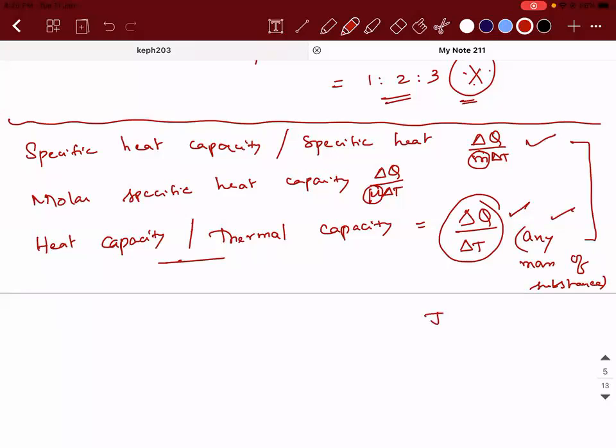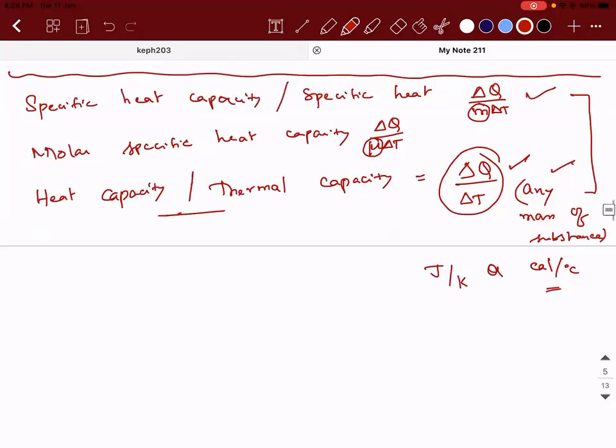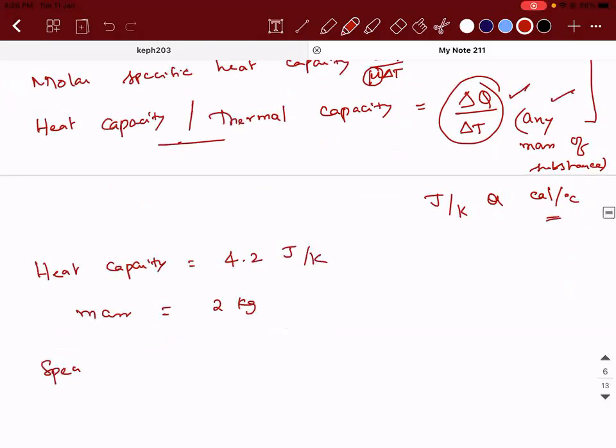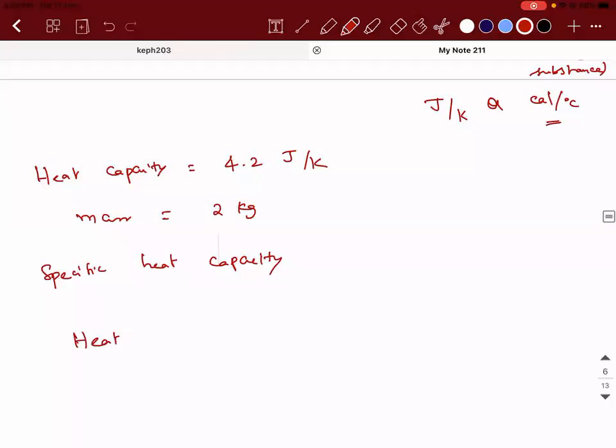So here the SI unit is going to be joule per Kelvin and the CGS unit is going to be calorie per degree Celsius. Suppose I give you the heat capacity as 4.2 joule per Kelvin and I say the mass of the substance is 2 kilograms, and I ask you the specific heat capacity. What will you do? Sir, 2.1.